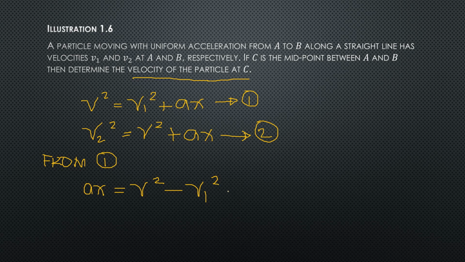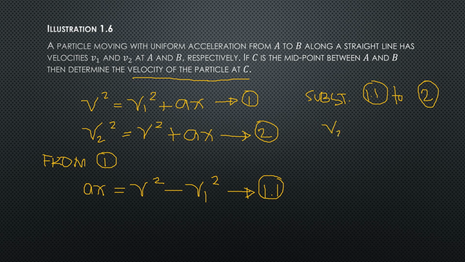Now let's say this is equation 1.1. Now I will substitute 1.1 into equation 2. So equation 2 is v2 squared.